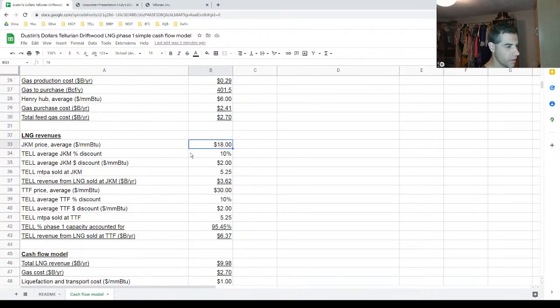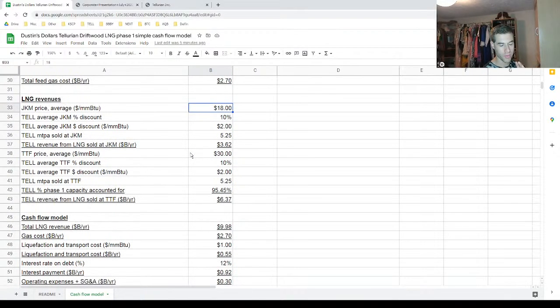Then the next section is all about their LNG revenues, right? And we know the structure of their contracts. They're based off of JKM and TTF, at least the current sales and purchase agreements, with some discounts built in. I put in parameters here for all of that. I put in a parameter for how much you think is going to be sold at JKM, how many million tons per year, and how much at TTF.